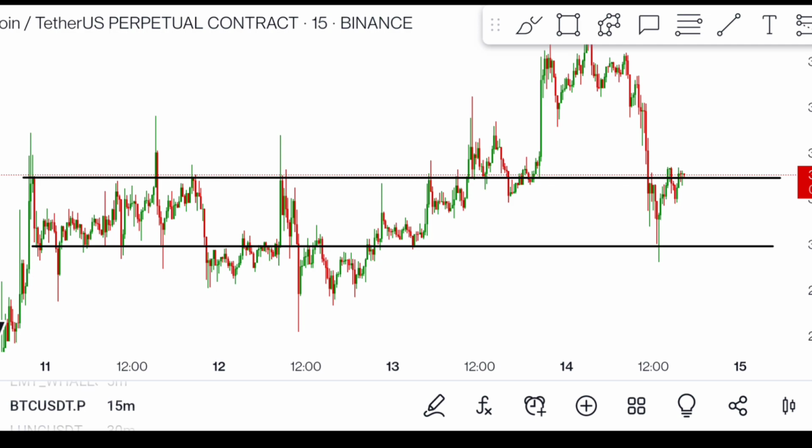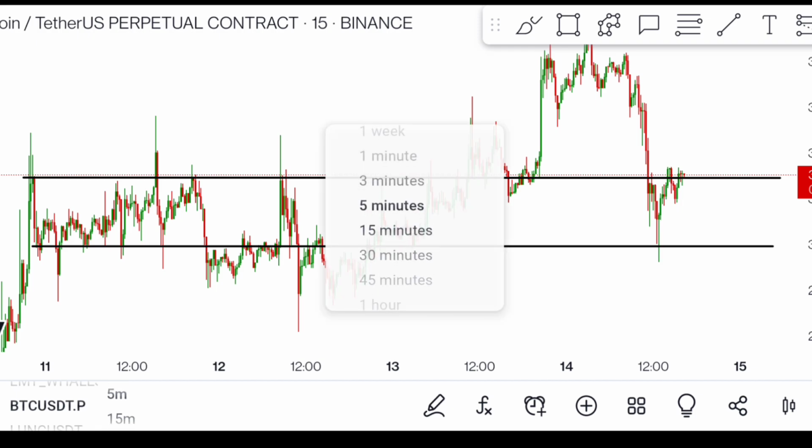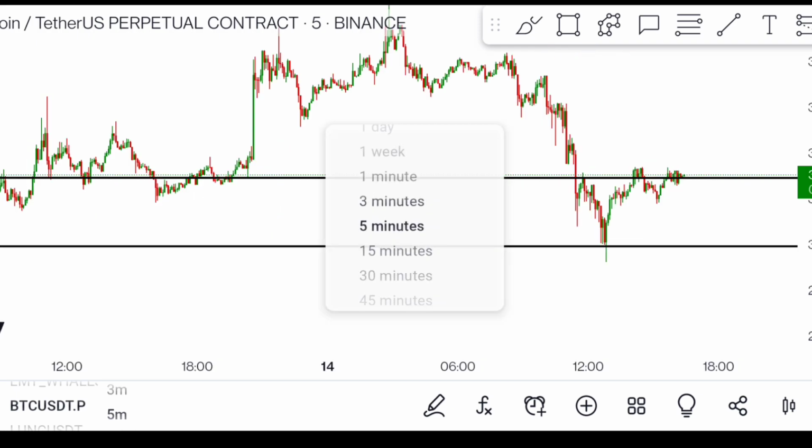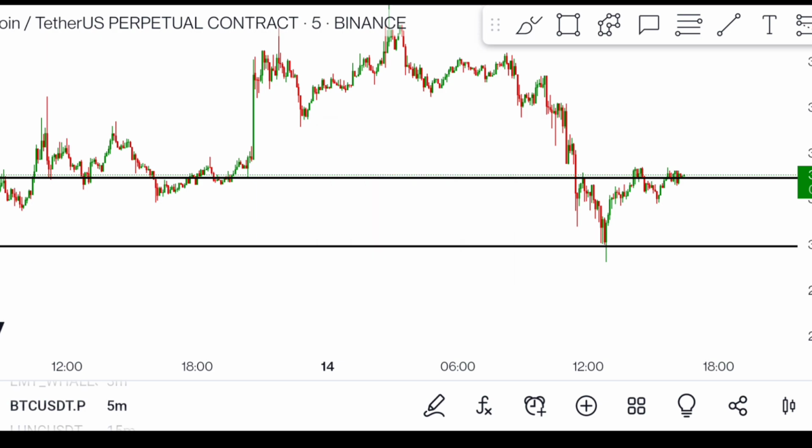Okay, so now step number two would be to switch to smaller time frames like 5 minutes, 3 minutes, or 1 minute, okay. You can find the structure we are going to discuss on the 5 minute, 3 minute, or 1 minute time frame.